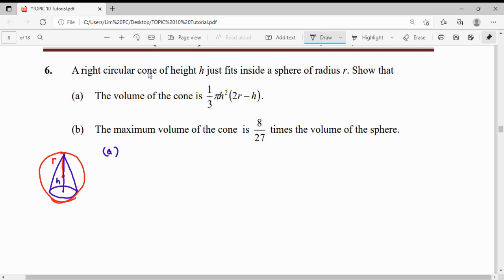From part A, they ask us to find the volume of the cone. So the volume of the cone is 1 over 3 pi r squared h, where r refers to the radius of the cone, which we label as rc.